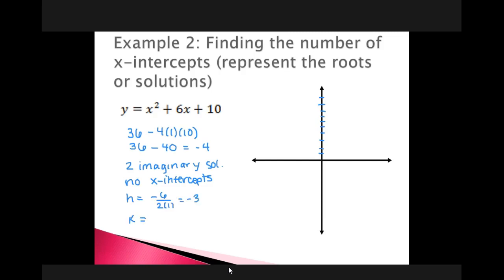The vertex would represent the min. So it would be at the point -3, +1.